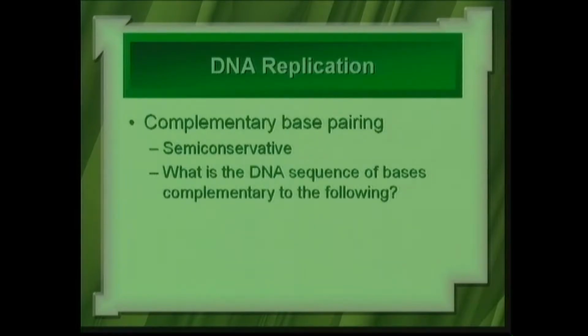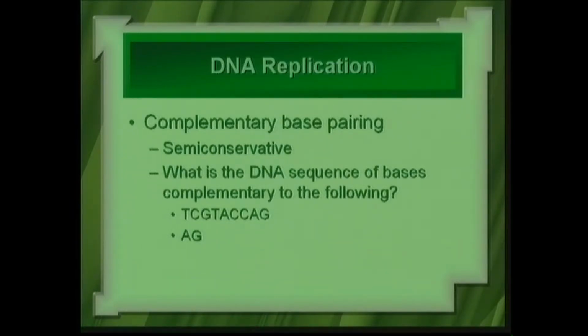When you're tested on this, you will probably have to answer a question like this. What would be the complementary DNA sequence of bases to this particular sequence of nucleotides? You have TCG, TAC, CAG. So what would pair with T? A. What would pair with C?